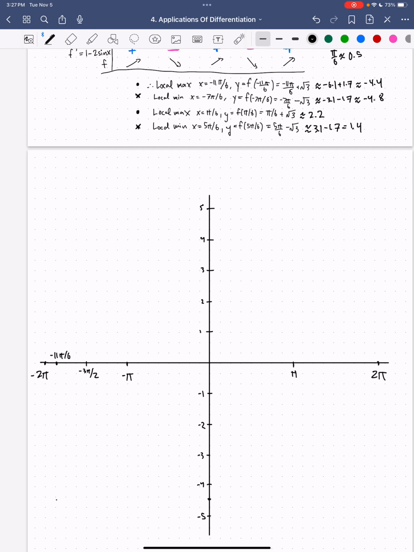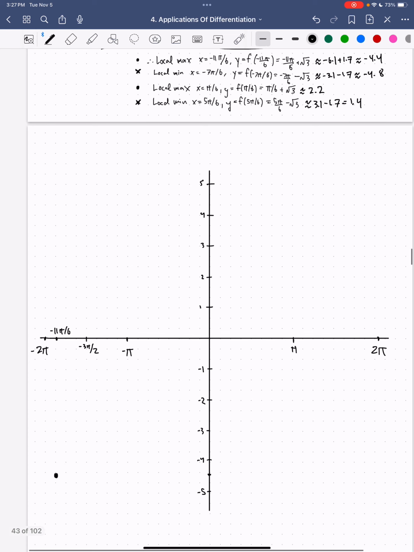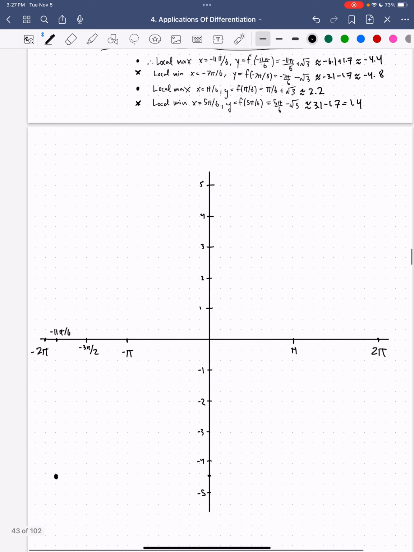So this is our first local max. Then we had a local min at negative 7 pi over 6, and y is negative 4.8, so slightly lower. Oops, that's supposed to be an x.